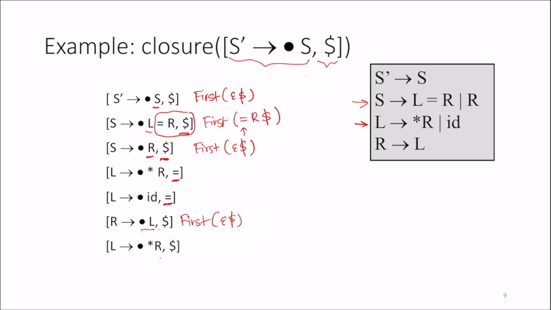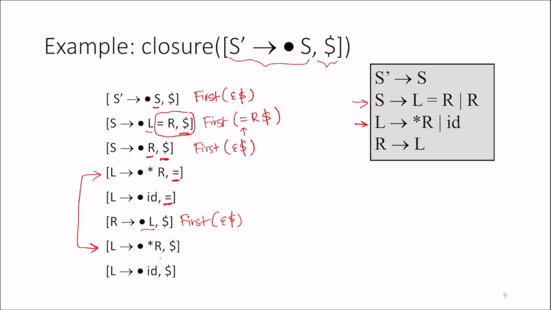Notice that these two, if you look at the dotted rule, they look the same, but the look ahead is different, right? So in the LR1 construction, these two are considered to be different dotted rules because their look aheads are different. Unlike in LR0 where there was no look ahead, so they would be identical.